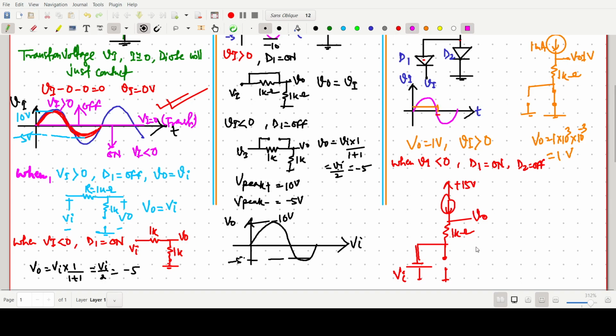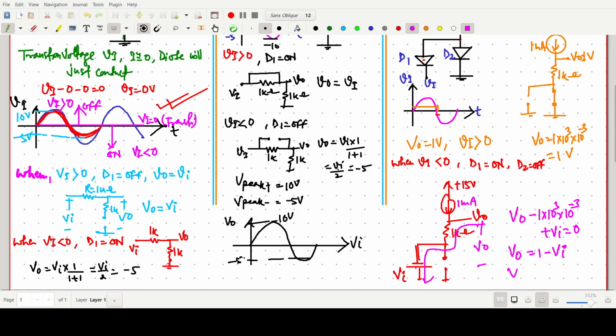If we apply KVL in this loop, we can write plus V naught minus 1 into 10 to power 3 into 10 to power minus 3, because this one is 1 milliampere. These two give the voltage drop, and plus Vi equals 0. So V naught equals 1 minus Vi.